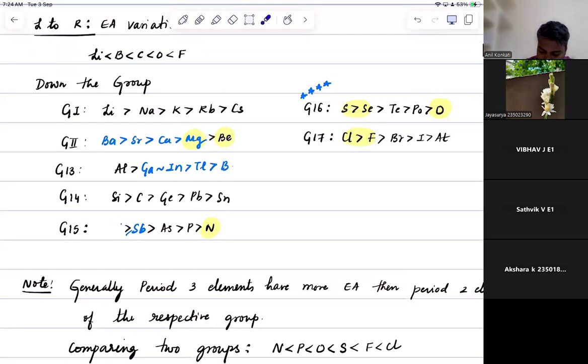As per data, antimony is only given here. Sorry, slightly greater than bismuth. The values given are 103 and 95. Okay, so slightly greater.